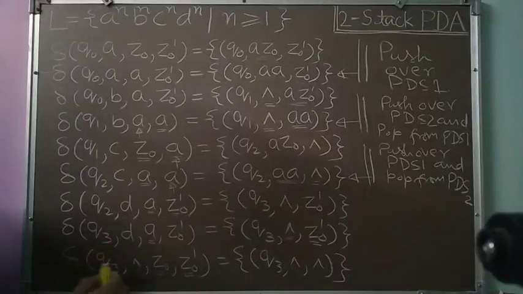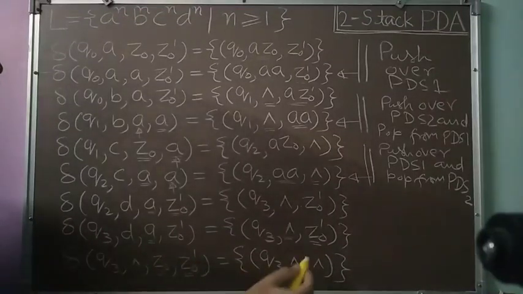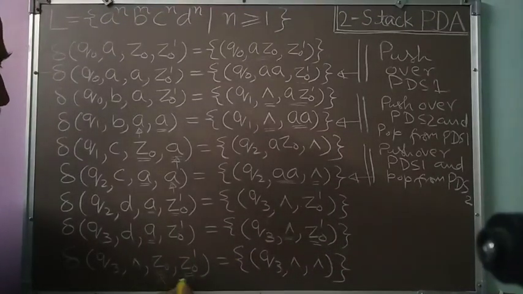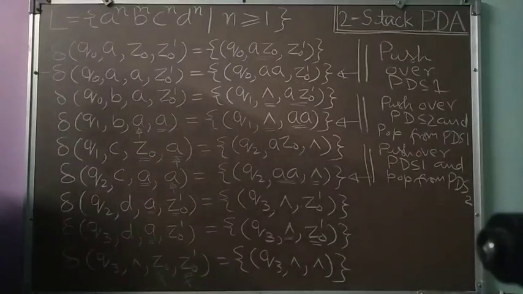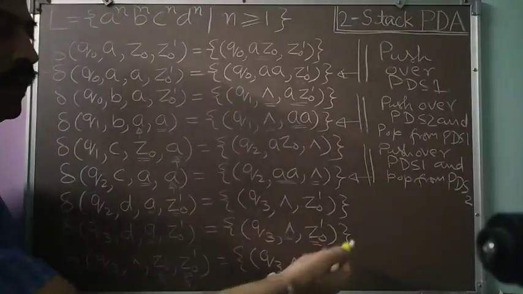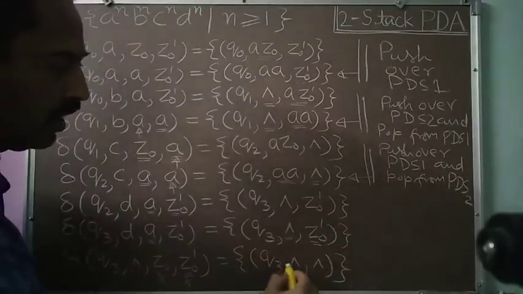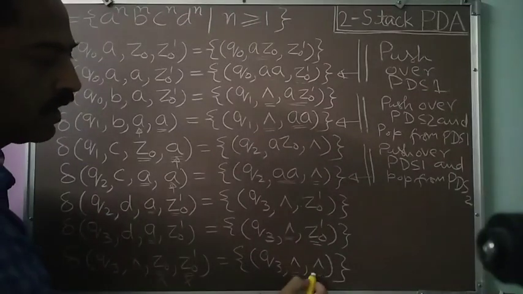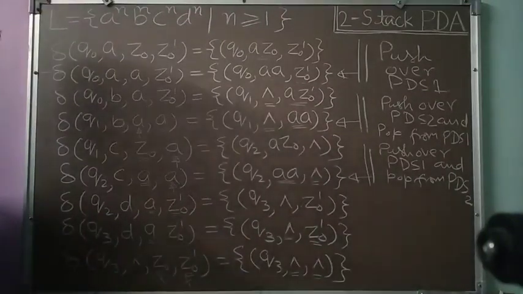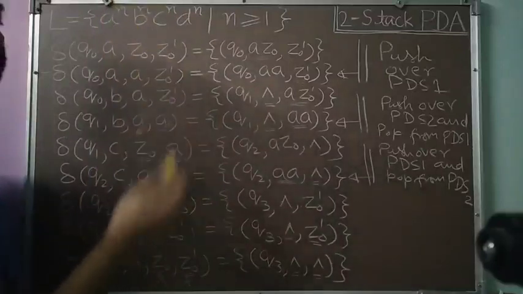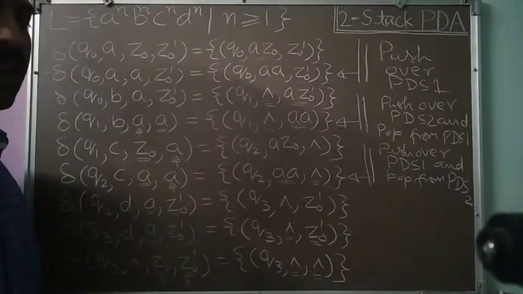So we'll take a null move, we'll take null from the input and we'll signal the success by deleting both Z0 and Z0 dash from PDS1 and PDS2 respectively. So we'll write null on both the places, on the PDS1 as well as on PDS2. And in this manner we will get our string accepted by empty store.